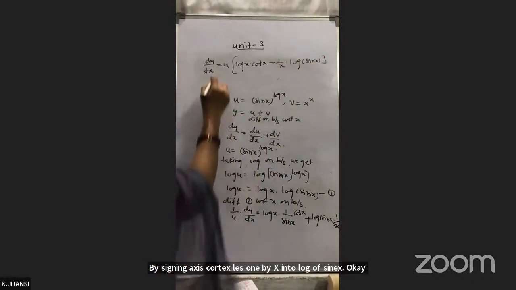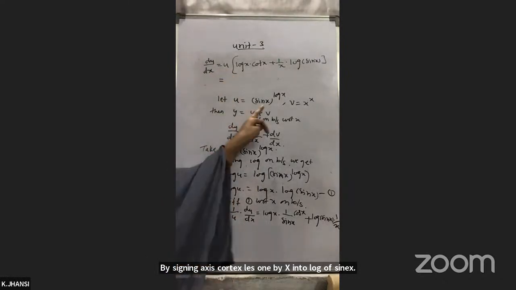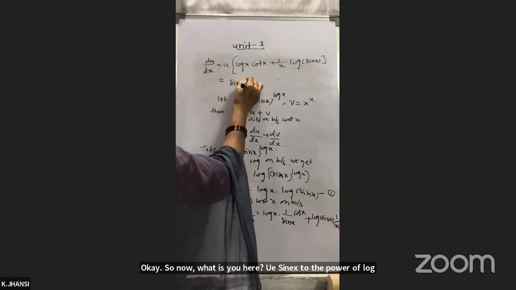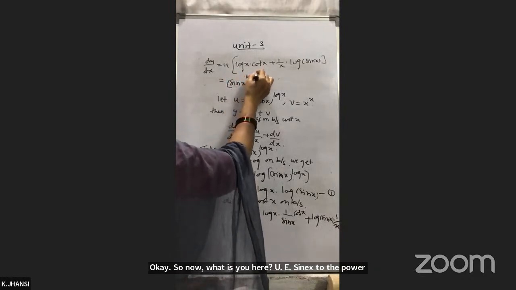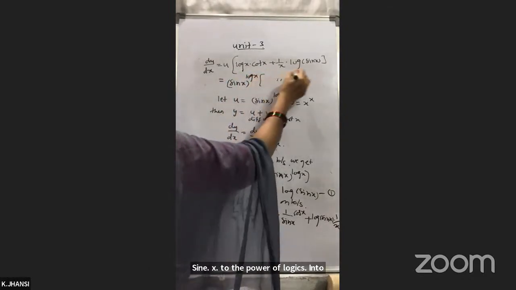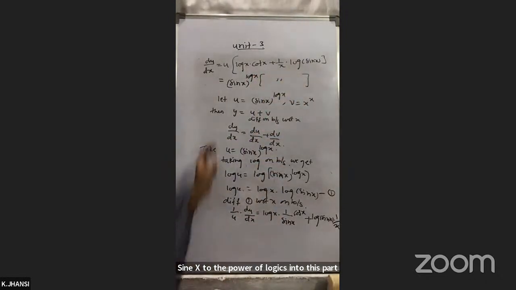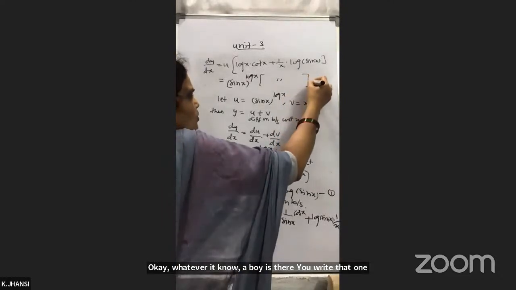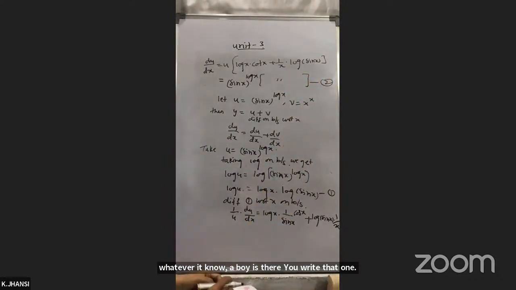Now what is u here? u is sin x to the power of log x. So you write here sin x to the power of log x into this part, whatever is above. So this is our du by dx. You can take this as equation 2. Now we need to find dv by dx.